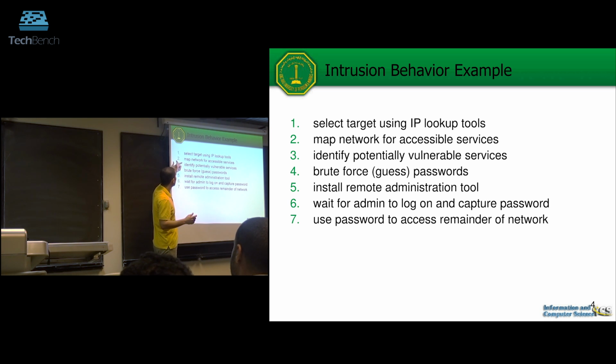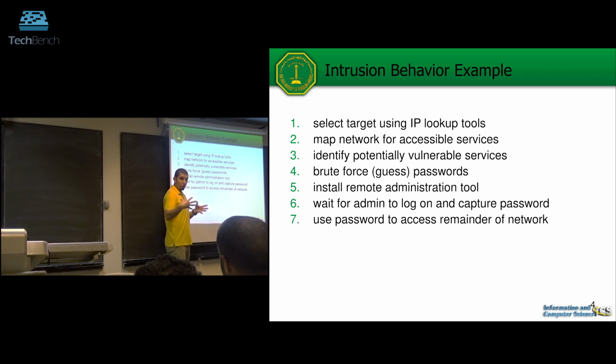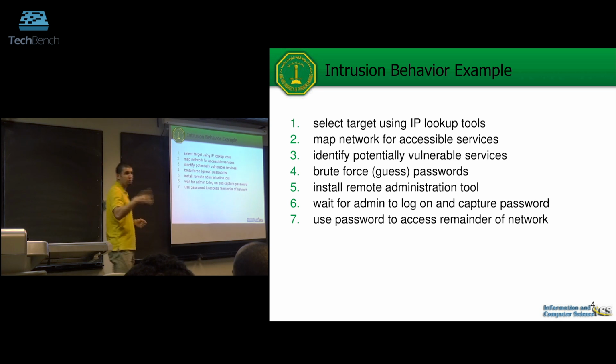If a port scan is being done, the intrusion detection system will have a signature, a pattern, and it will try to match that pattern inside the captured traffic. If it can see that particular pattern being observed in the network, it can raise an alert or raise a flag.